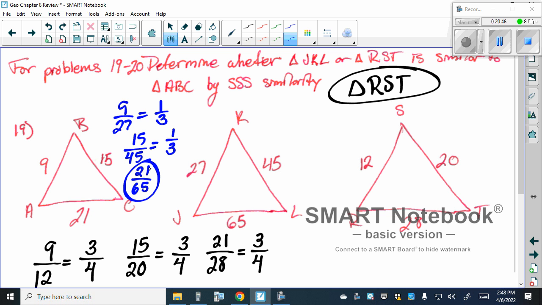No. But 2 of them are, so if it's like that on the test, I would do all 3 just because the first 2 work. Doesn't mean the third will. So the answer is RST, since all 3 sets of corresponding sides reduce to 3 over 4. We could have done it the other way and had 12, 20, and 28 on top, but all of them would reduce to 4/3 instead of 3/4.